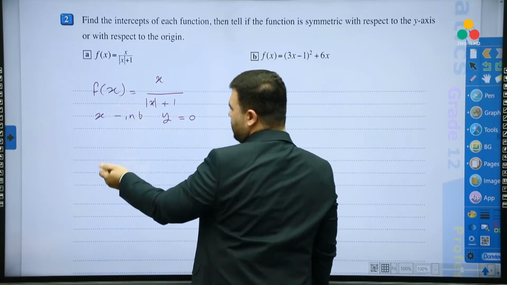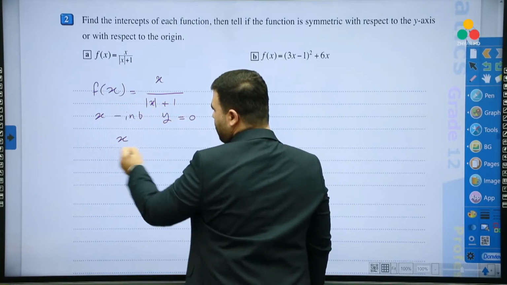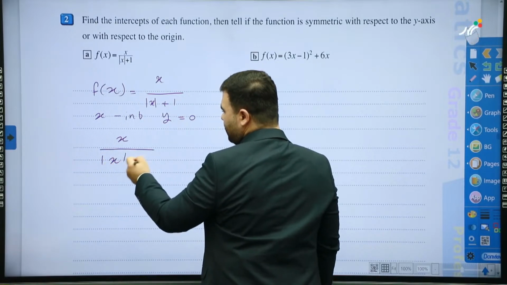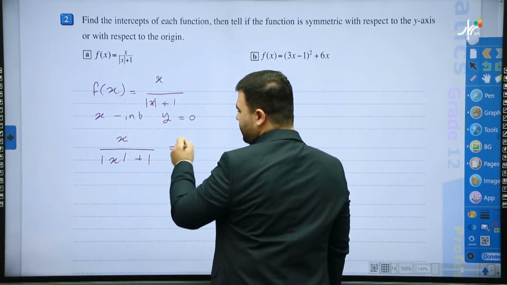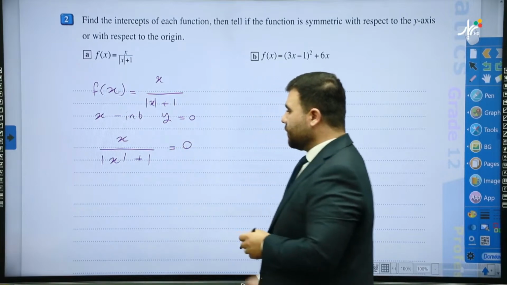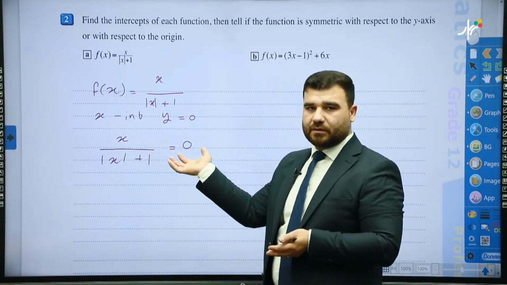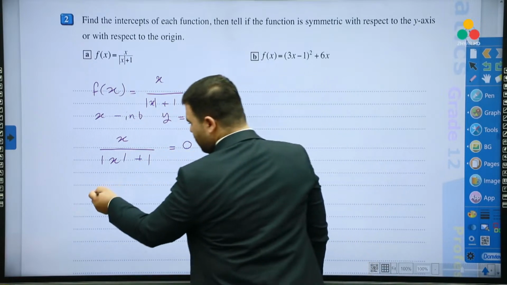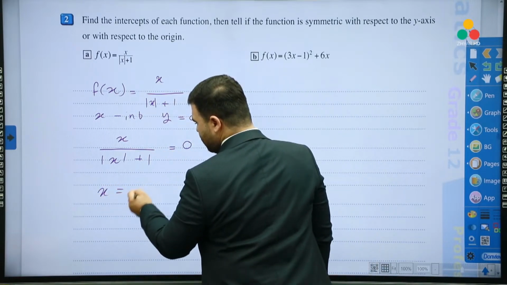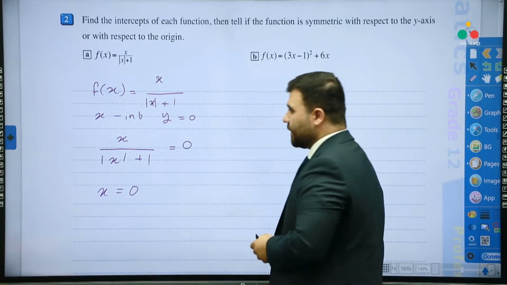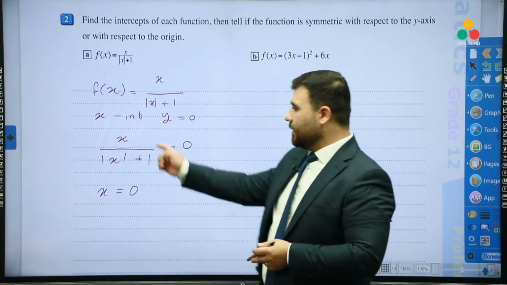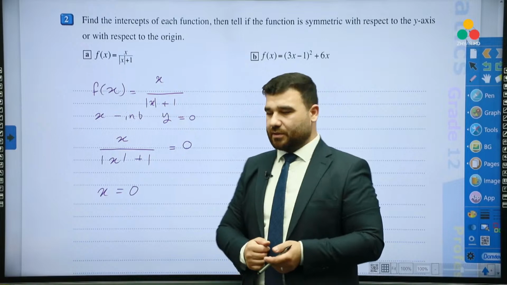Then y is f(x), x over absolute value x plus 1 equal to 0. For solving fractions, we only solve the numerator when it's equal to 0. The numerator luckily is just x, so x equal to 0. This is one solution for the x-intercept.